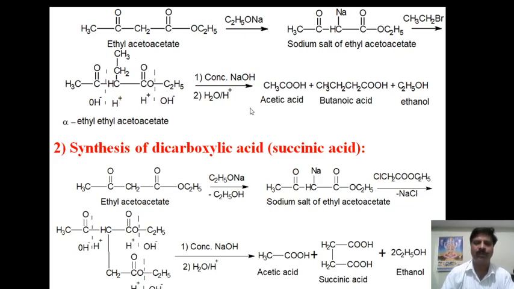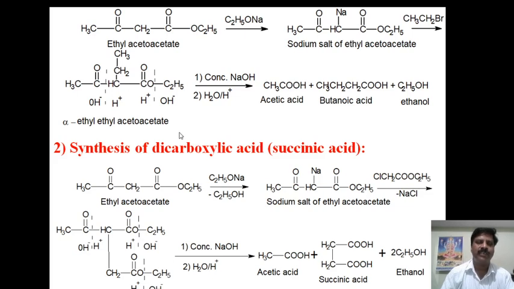Therefore, after heating and treating with concentrated sodium hydroxide followed by acid hydrolysis, it forms acetic acid, butanoic acid, and ethanol. Here acetic acid and ethanol are byproducts, and they are very useful solvents for various reactions.